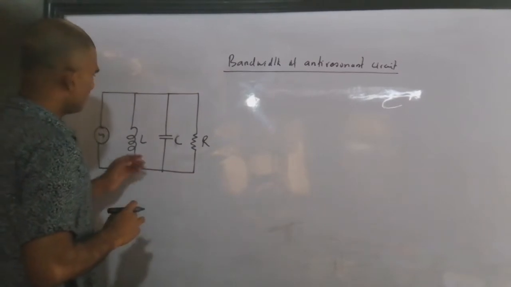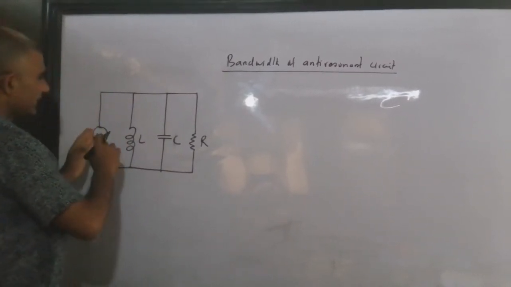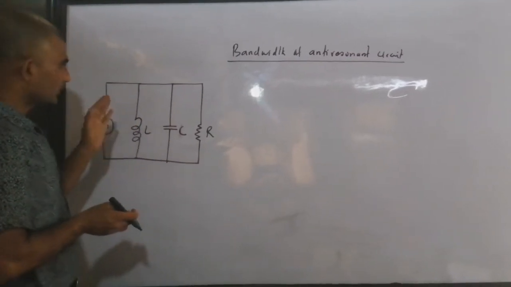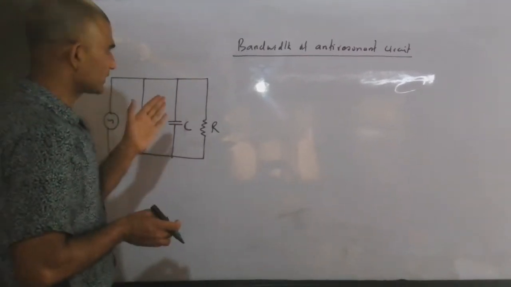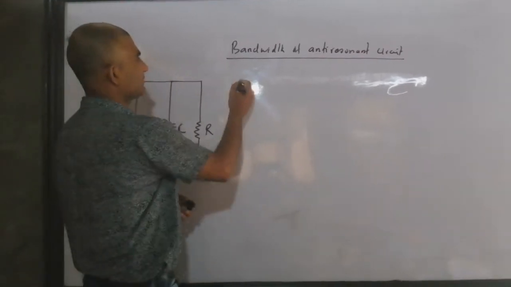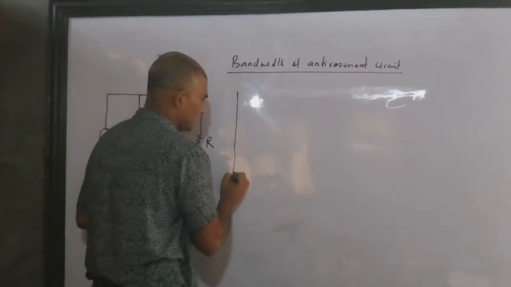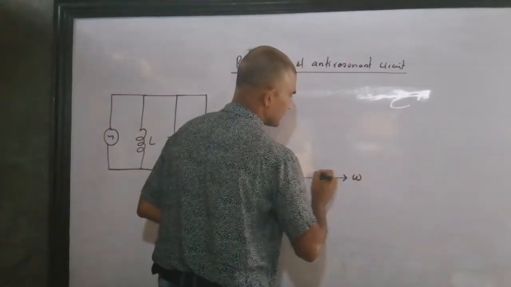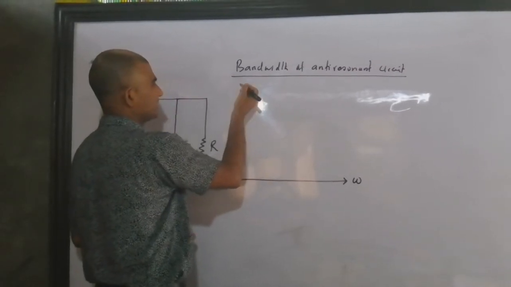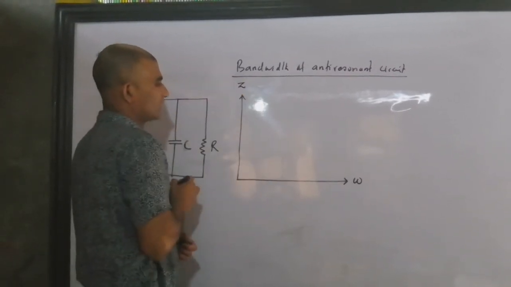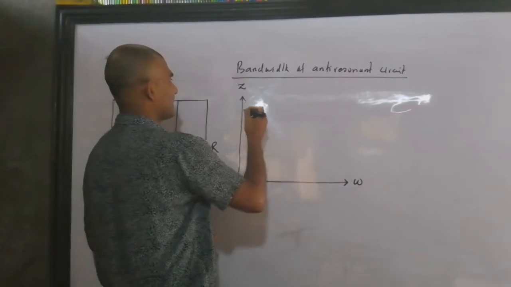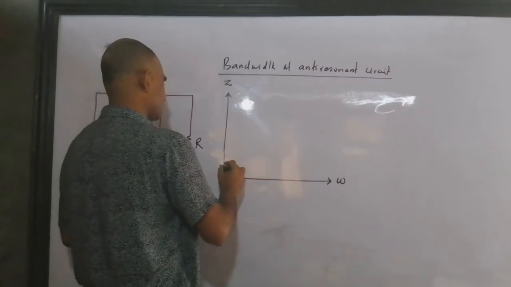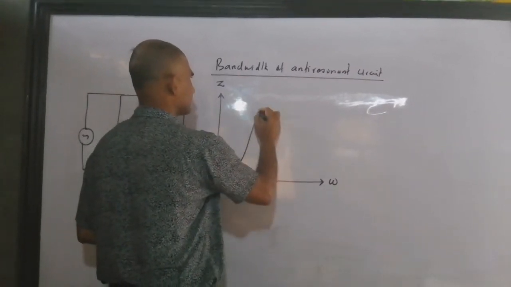In this case we have already discussed that when anti-resonance takes place, the current through the circuit is minimum and the impedance becomes maximum. Let's recap shortly through this graph. On this axis I took the frequency omega, and on this axis the impedance. The graph of the impedance of the parallel LCR circuit when frequency is varied looks like this.